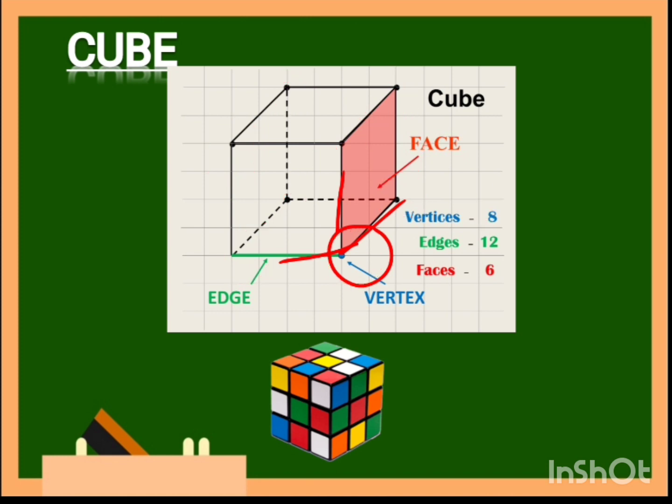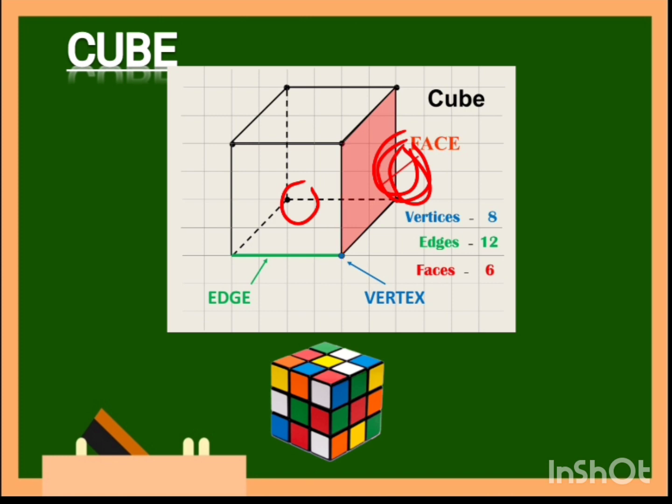Then we will find out the edges, but before edges we have to learn about faces. You can see this is a highlighted part, right? This flat part of the solid shape is called a face. This is the first face and this is the second face, and both faces meet at one line. This line is called an edge. Total how many edges are there?